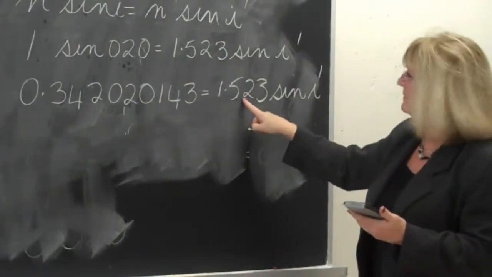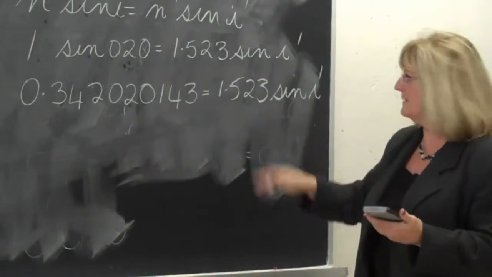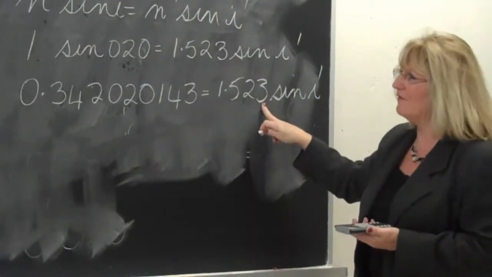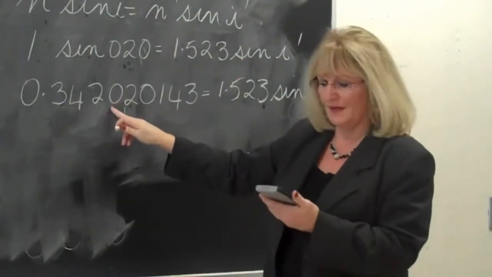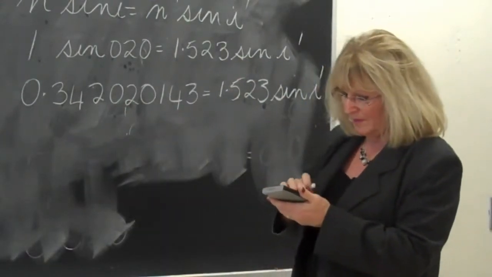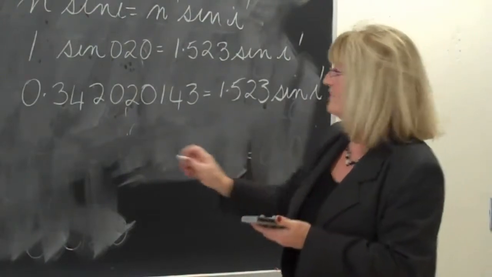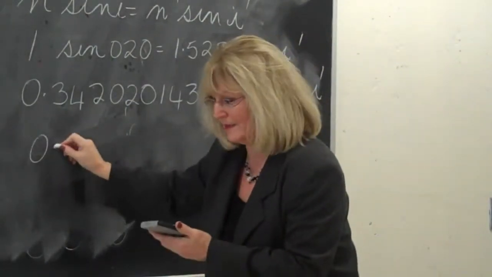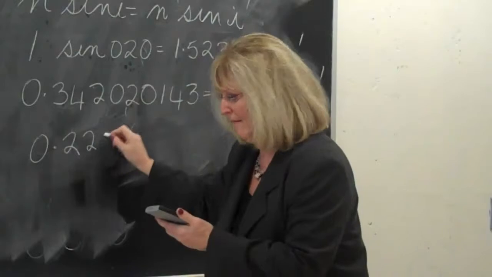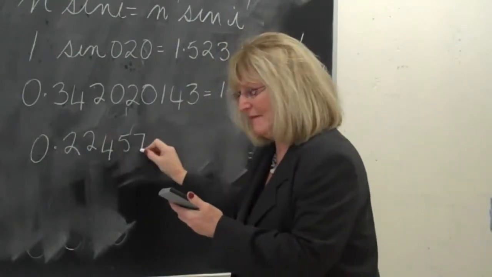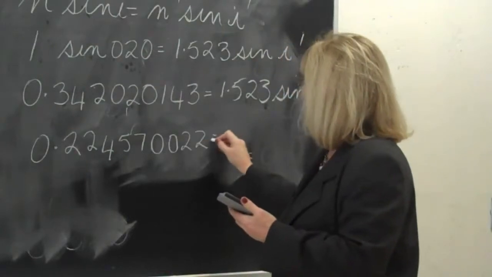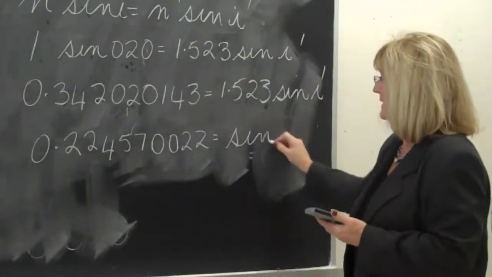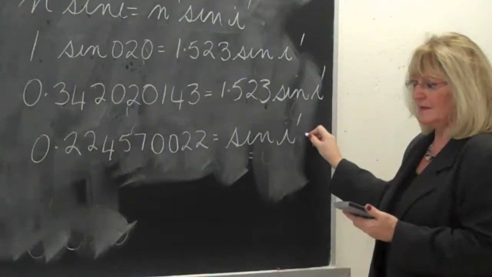Now we don't want 1.523 here, so we divide this side of the equation by 1.523, which means we must do the same function on the other side, which gives me then 0.224570022 equaling sine I primed.